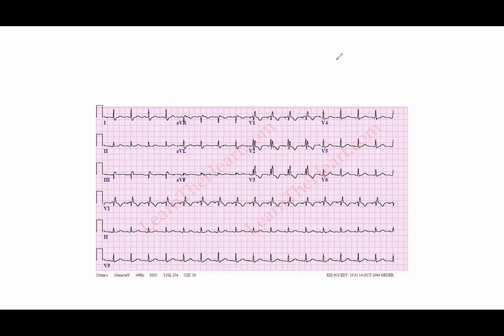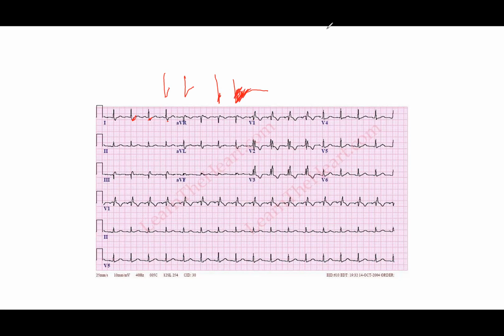Now, if we go over to lead 1 and V6, you'll remember what they say. We have what they call slurred S waves. So this S wave doesn't come back up nice and tight like that. Comes back up like that, which doesn't look like a huge difference, right? The difference between that and that is a lot, because I shouldn't be able to fill in this swimming pool here, right? Shouldn't be able to fill it in.